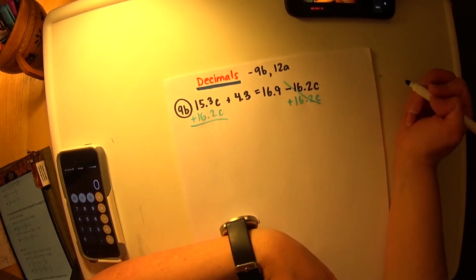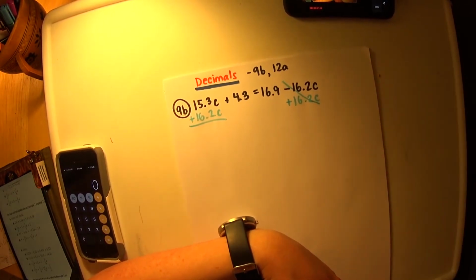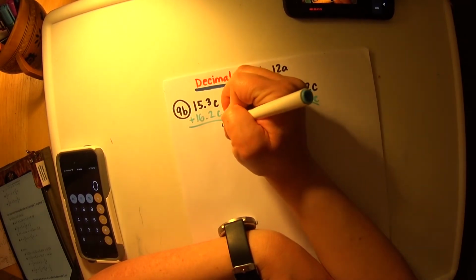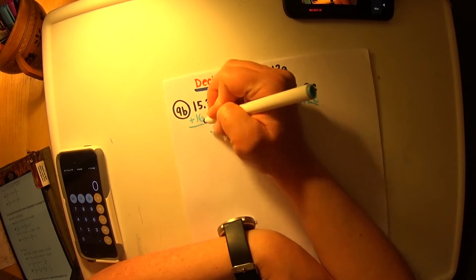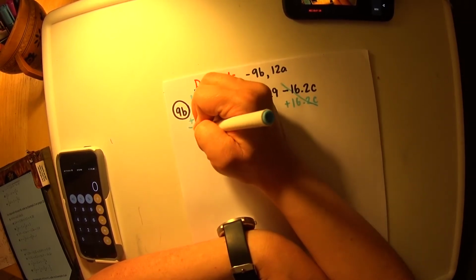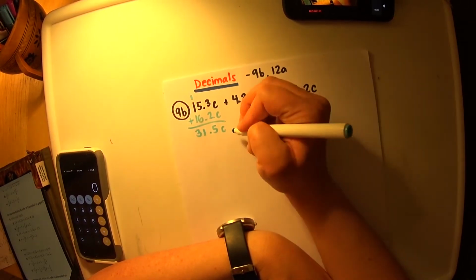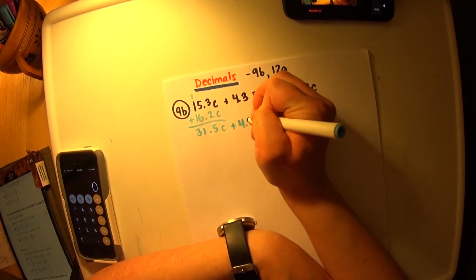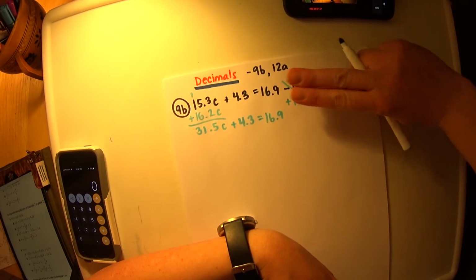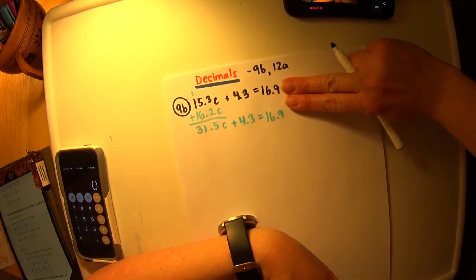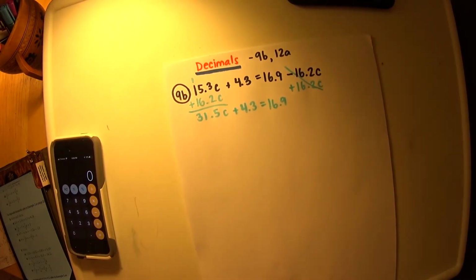And now you see I have simple addition instead of trying to add negatives. So 3 plus 2 is 5, 5 plus 6 is 11, 31.5c plus 4.3 equals 16.9, because that whole term is gone. I moved it over. So now you see I've just got a regular two-step equation.